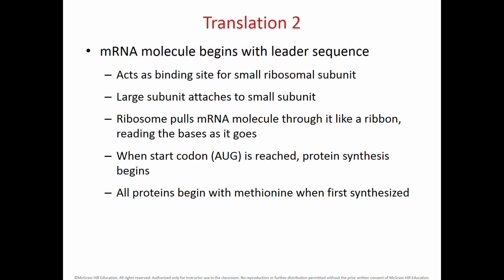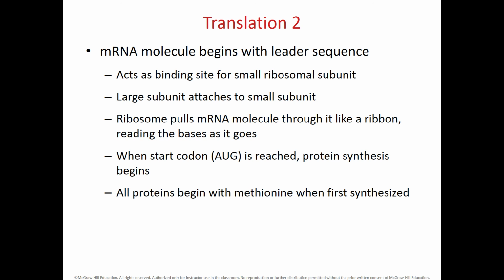So, messenger RNA begins with something called the leader sequence. This will act as a binding site for the small ribosomal subunit that you have either free in the cytoplasm or attached to the rough endoplasmic reticulum or to the nucleus.